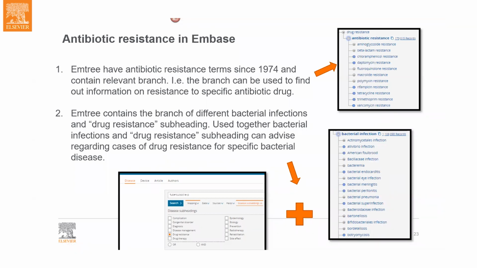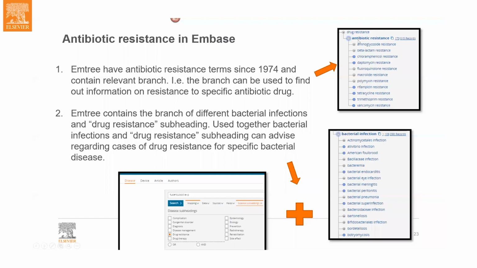While we are talking about anti-infective and antibiotic drugs, we need to mention that Embase also covers even antibiotic resistance. To search for information about it, there are 2 approaches. The first approach: antibiotic resistance is a separate branch in Emtree.